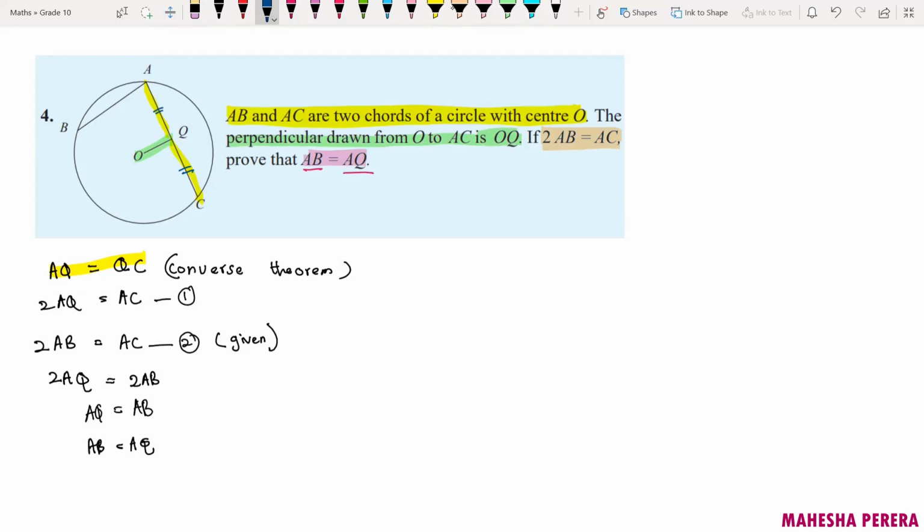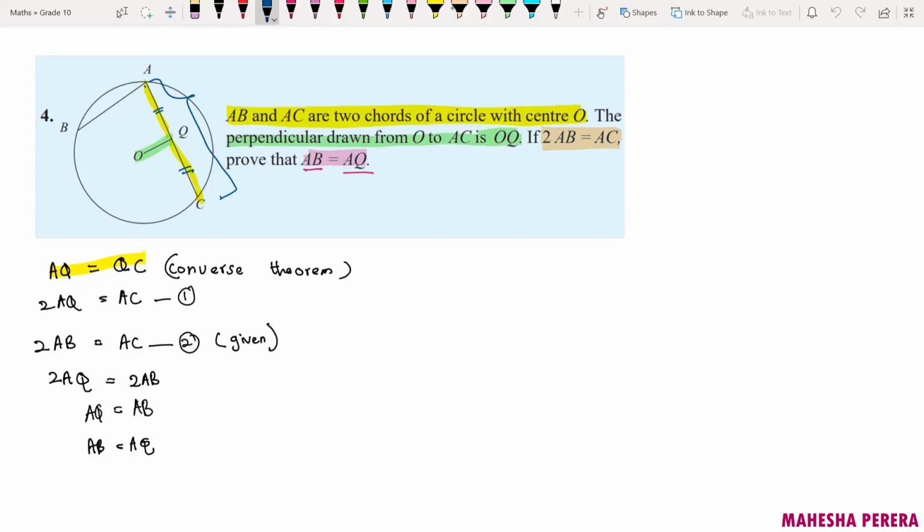Now, what about when we take twice of AQ? 2 times AQ should be AC, right? Twice of AQ is simply the full AC length. Right? So we can write 2AQ equals AC. And it's our first equation.